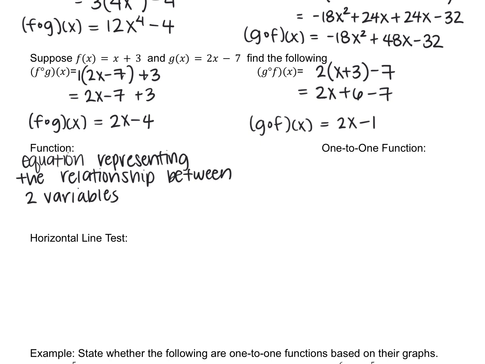So there's a lot of different functions out there. You have your linear function, the quadratic function we've talked about, our rational function. So a function is just any equation that represents a relationship between two variables. And there is something called a one-to-one function.